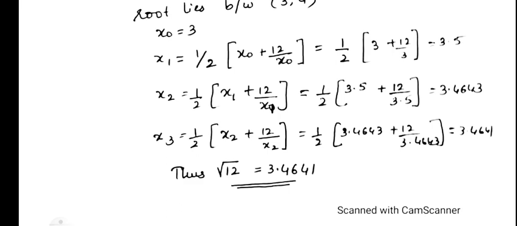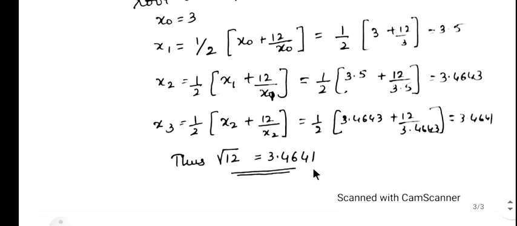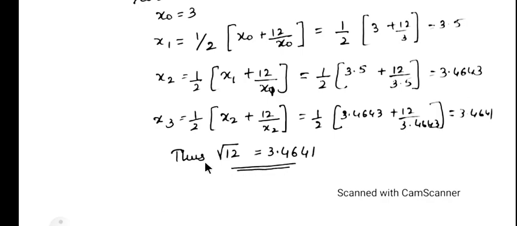Otherwise they will mention correct up to 2 decimal places or 3 decimal places, then up to that iteration you have to do. But here they have not mentioned anything, therefore after the decimal point at least 2 digits must be the same, then you stop the example. That is, thus root 12 is equal to 3.4641. Okay, yeah, thank you.